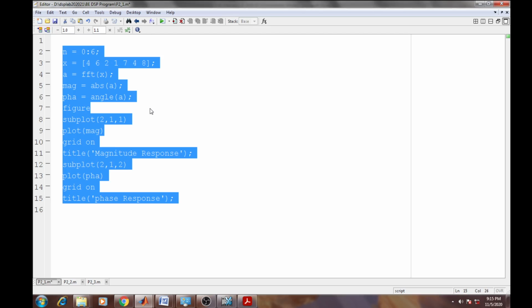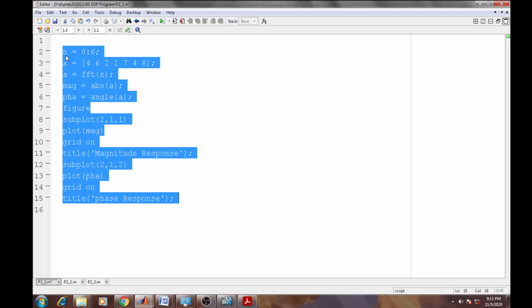The outputs are very similar, because DFT and FFT both give you the same output over discrete time sequences, so their outputs will be the same. Only the way of writing the program statements is different. See, one by one I am showing you.